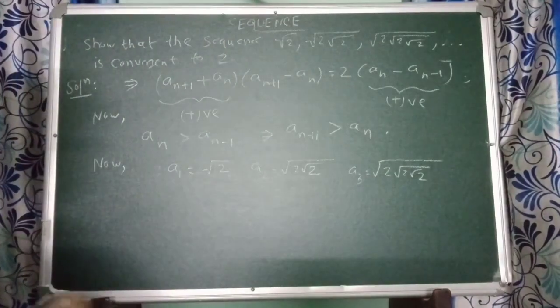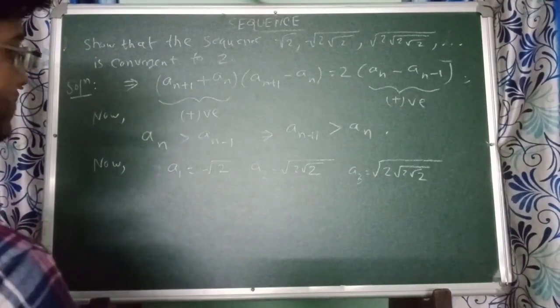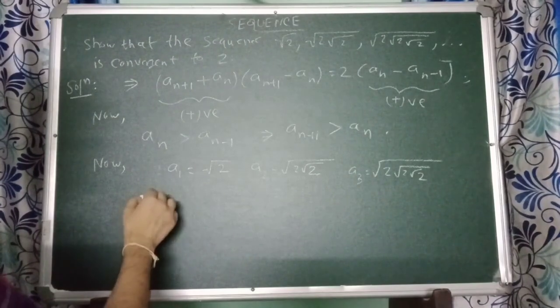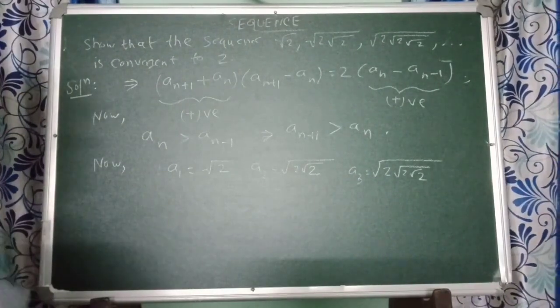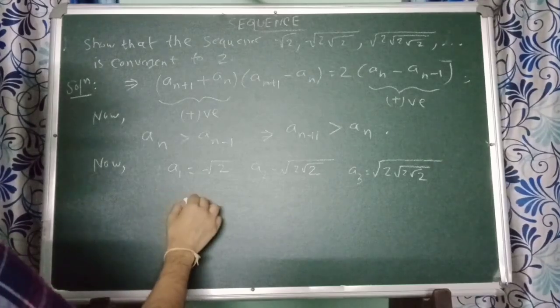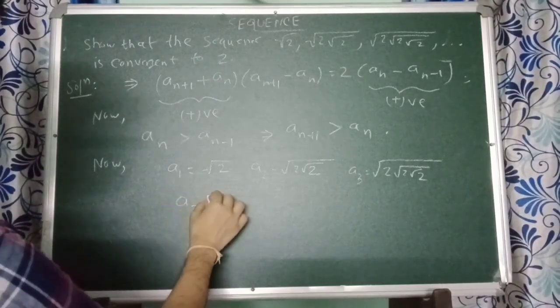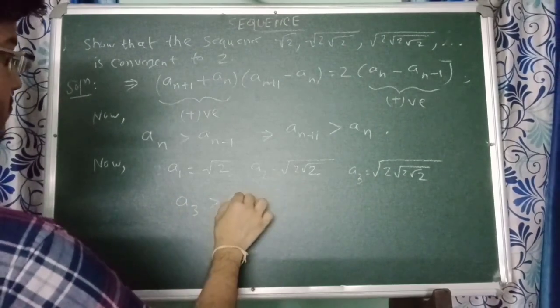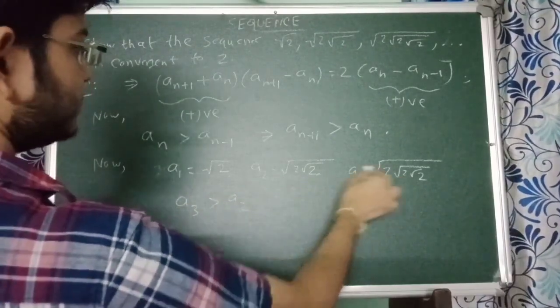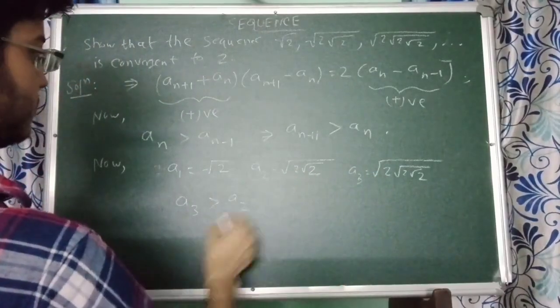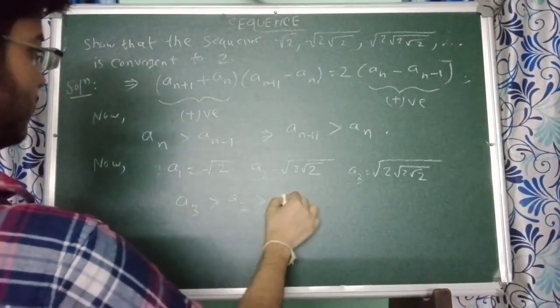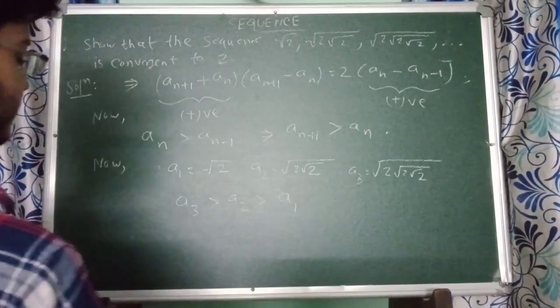So from the observation we basically see that for any a_n, the inequality a3 is greater than a2, since the numerical value of a3 is greater than a2, and a2 is also greater than a1.